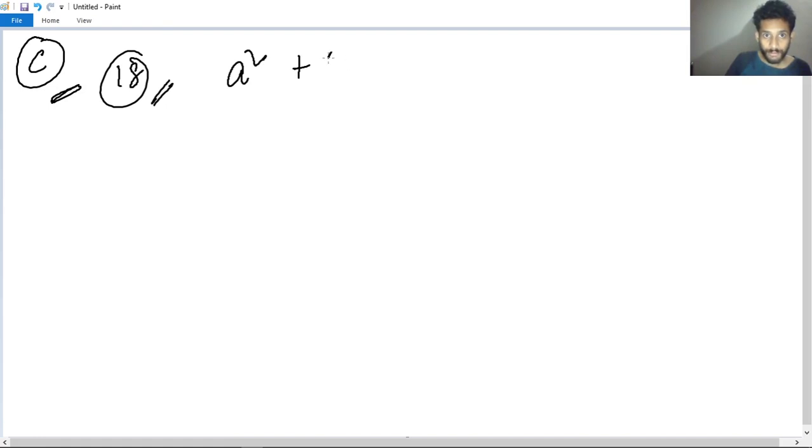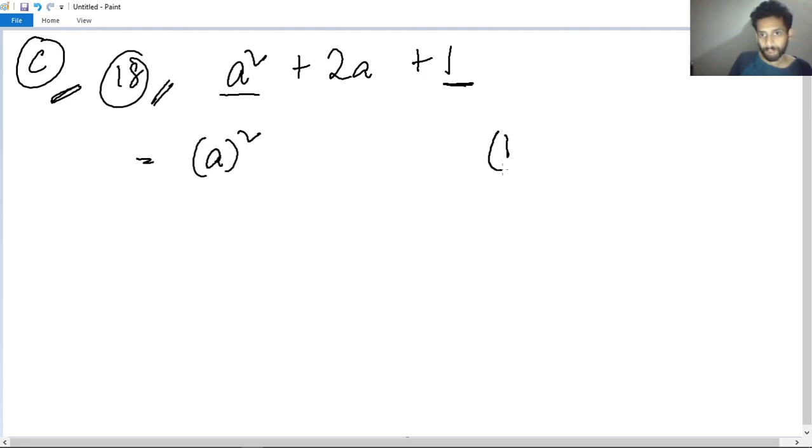A square plus twice a plus 1. What we will do first is simplify these two parts. We will not look at this part. First, a square is this. Now the middle part should always be twice AB.